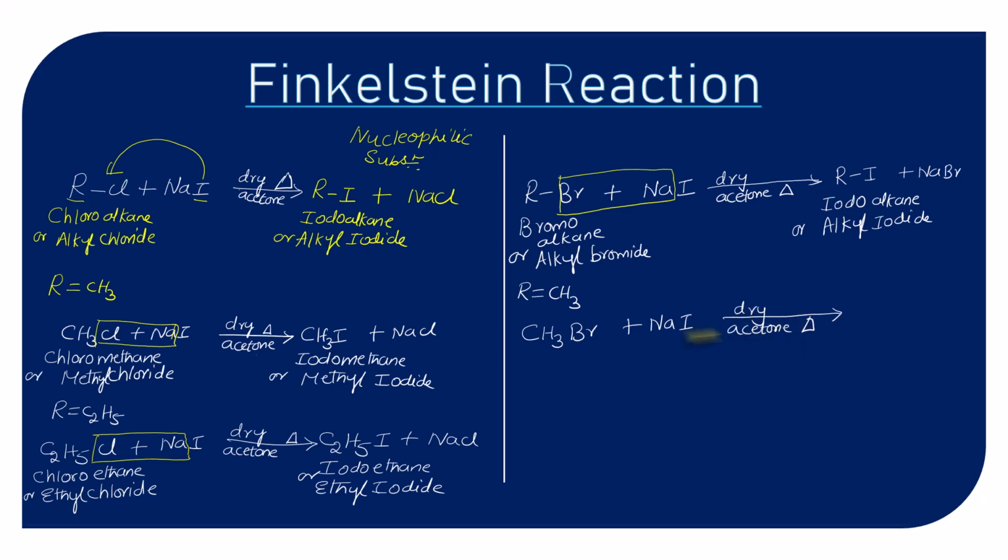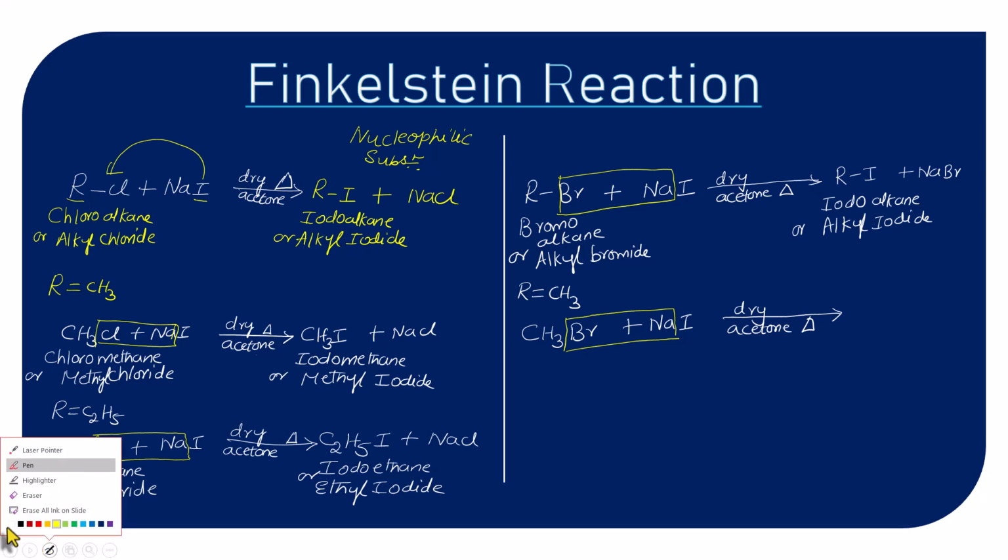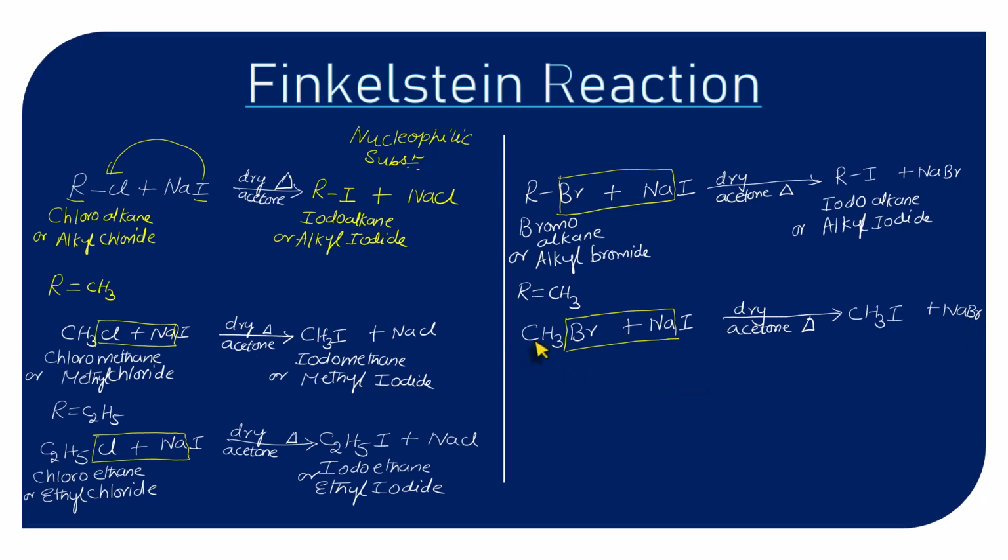Upon heating, now you know what happens. Iodine displaces the bromide from the alkyl group and settles down as NaBr, and we obtain CH3I and NaBr.